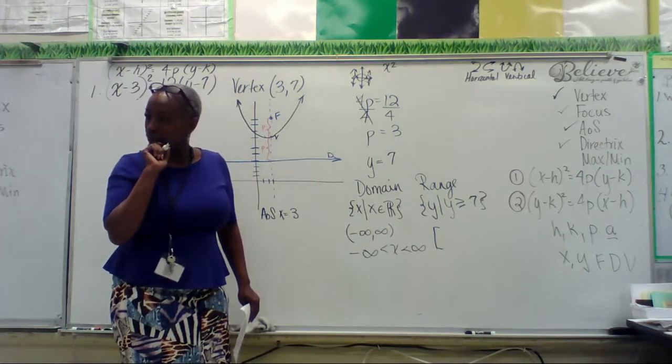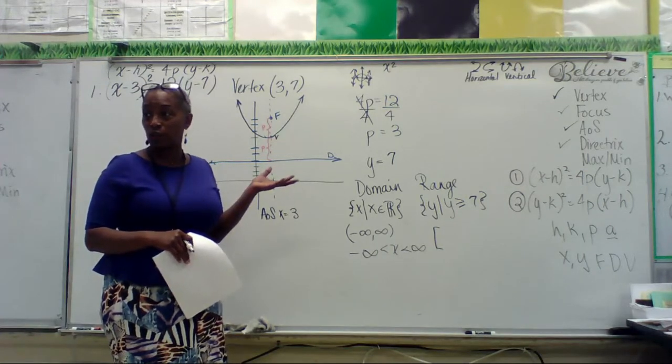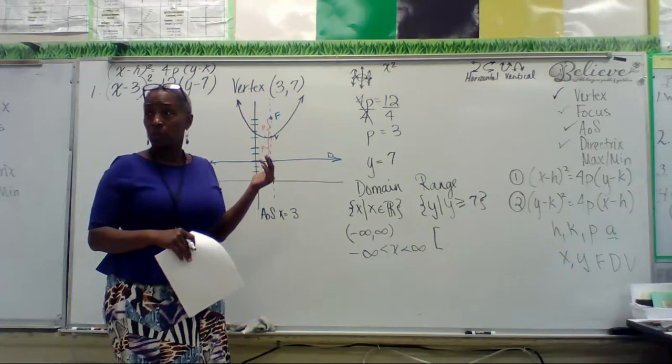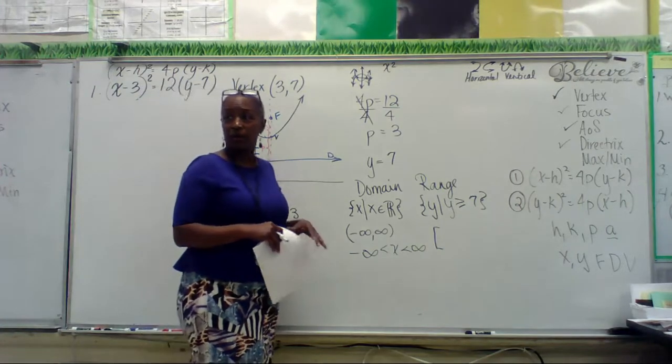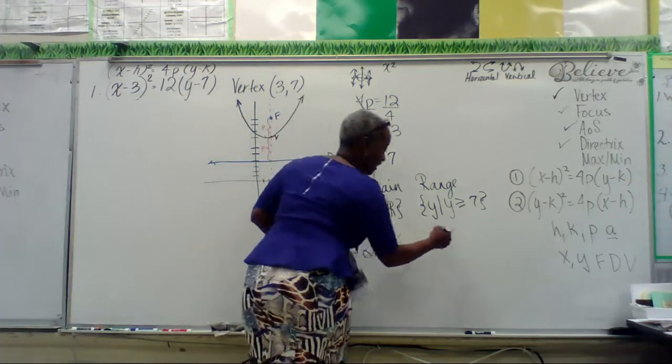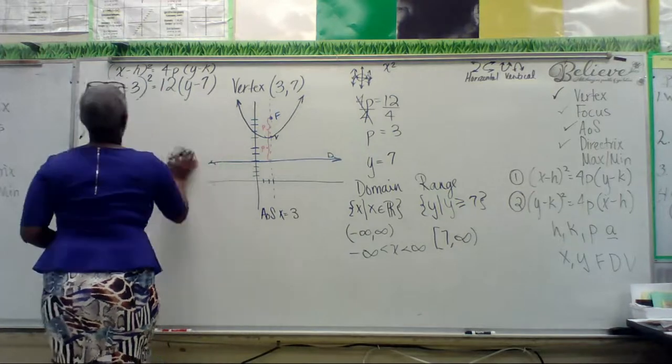We're doing the y now. We're doing all possible y values for the range. Thank you. Yeah, he got it. 7 comma infinity, soft. Very good. All right. Let's get ready for problem number 2.